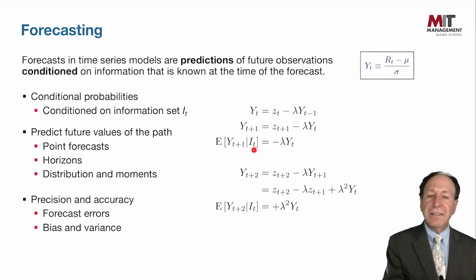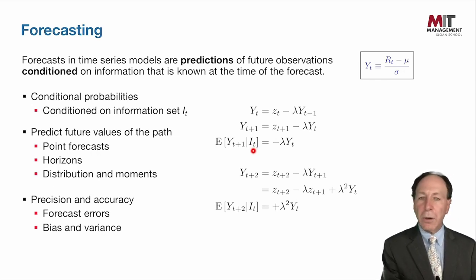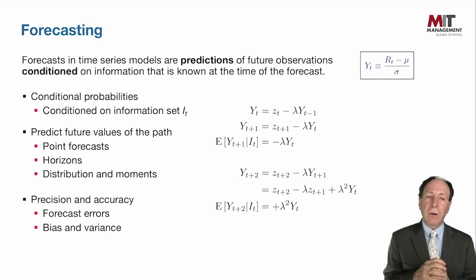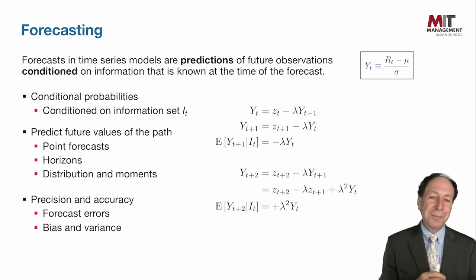So in this case, what I wanted to do is take an expected value, assuming that I know all of the realizations up through time t, so that y sub t is no longer a random variable, but y_{t+1}, y_{t+2}, y_{t+3}, and so on into the future, those have not yet been observed, and they are random variables. So exactly how I denote this is a matter of convention, and these are my conventions. So hopefully the idea is clear.